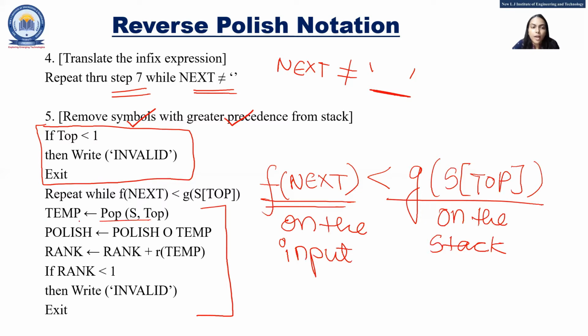After popping, we keep it in the temporary variable, and we add it to the polish expression. The polish expression is currently blank, so we add it, and then we update the rank. If rank goes less than 1, then it is invalid.